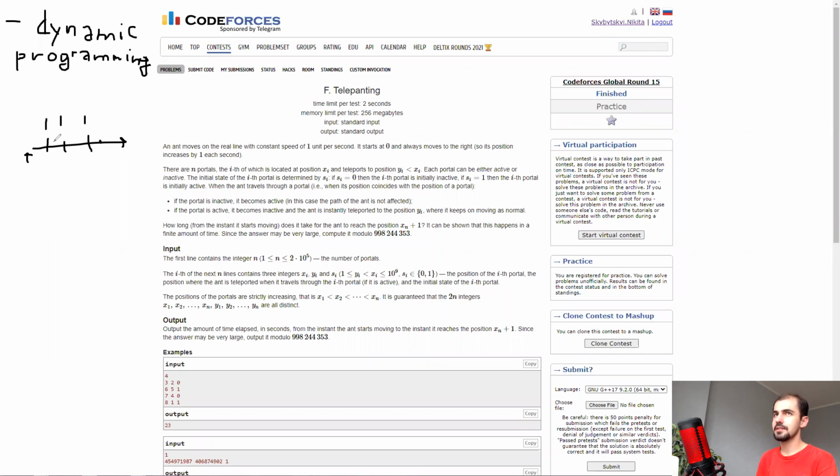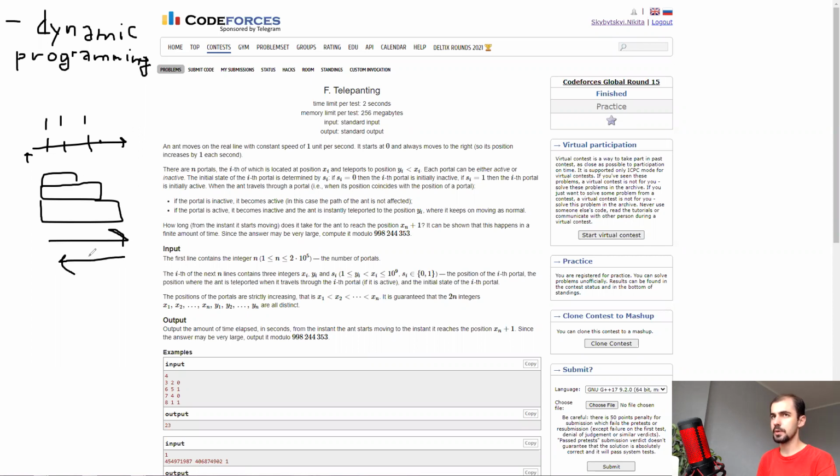Now, because of this structure, your states have some prefix of portals that are turned on. So it is natural to try to compute values in some order, that is either this or this.